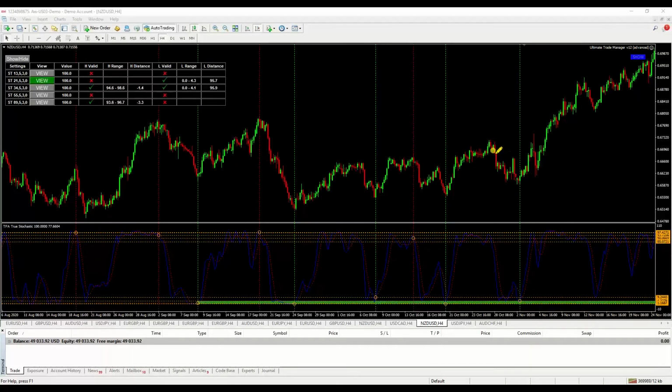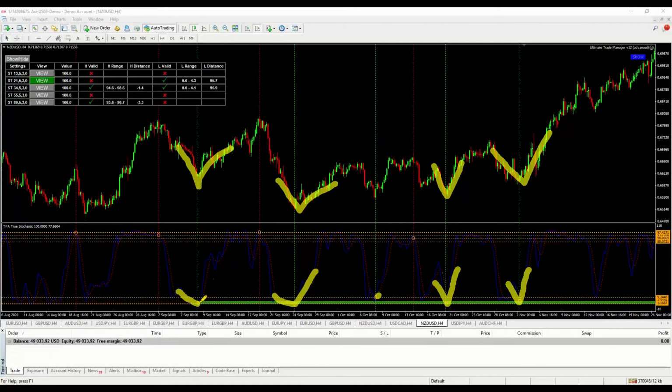It shows you that previously price bounced very nicely at this level. It also bounced nicely at this level. Bounced nicely here. In this case, it was slightly beyond. Bounced nicely here, and over here. And the last one, it bounced nicely here, and here.